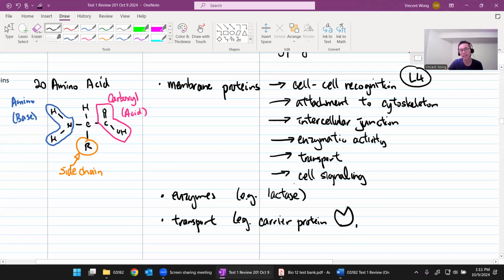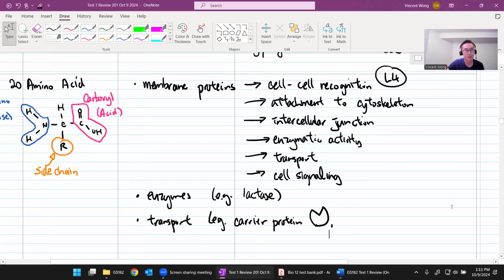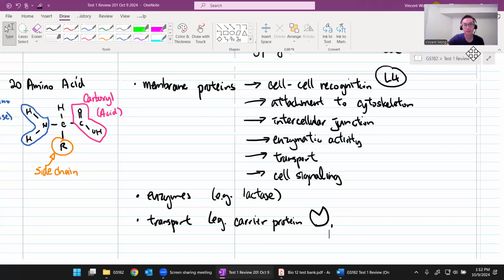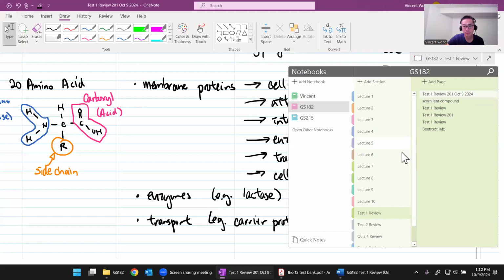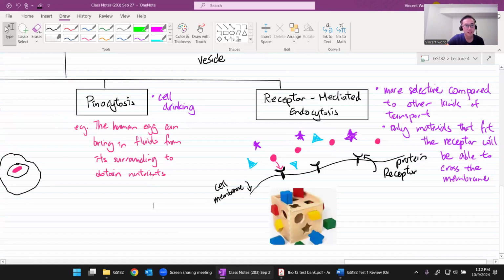What's the other one that's related to carrier protein? Does anybody remember? Also starts with a C. So we did this big chart, right?